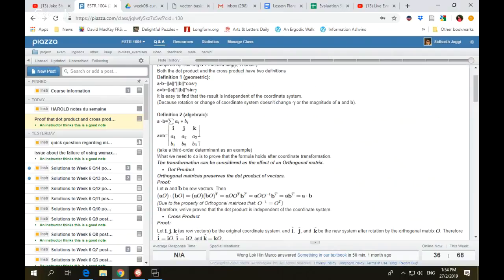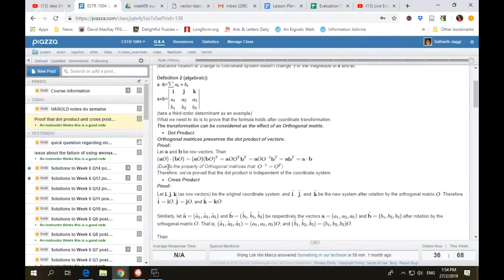So what Leithen does is, suppose you have two row vectors. Everywhere over here, the A's and B's, we will view them as row vectors. So after coordinate transformation, after I change my axes from ijk to some other axes given by the rows of the orthogonal matrix O, A will become A times O, and B will become B times O, right?